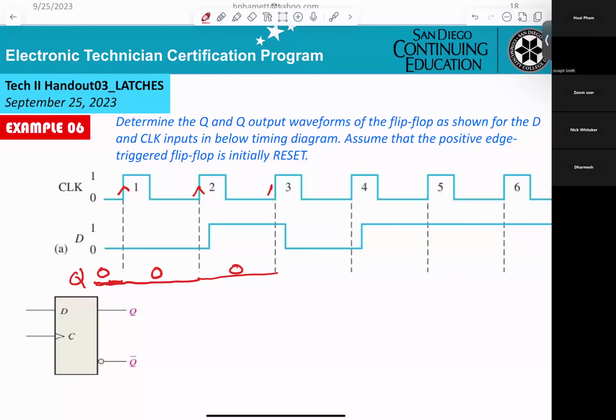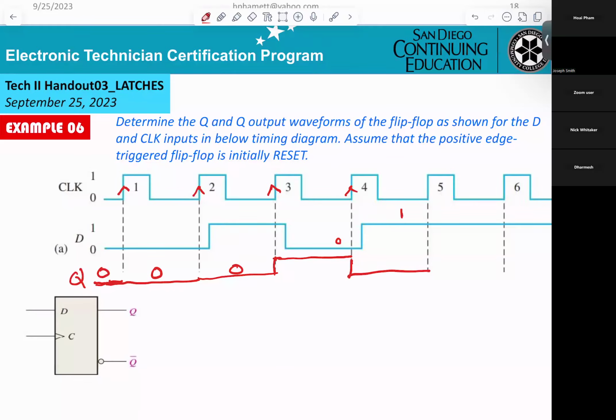Next clock 0 to 1, D equals 1, Q equals 1. And they will be 1 up to the next transition, D is 0, so they will be 0.